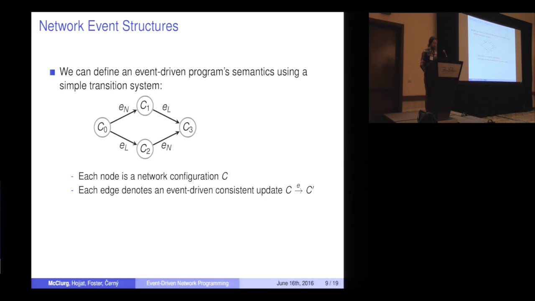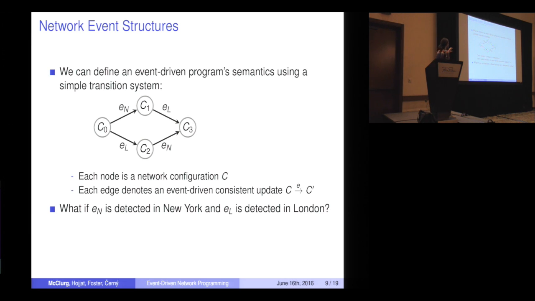But there's a potential problem. This example is representing distributed events. So E_N happens in New York, E_L happens on the other side of the ocean, and they could happen simultaneously.